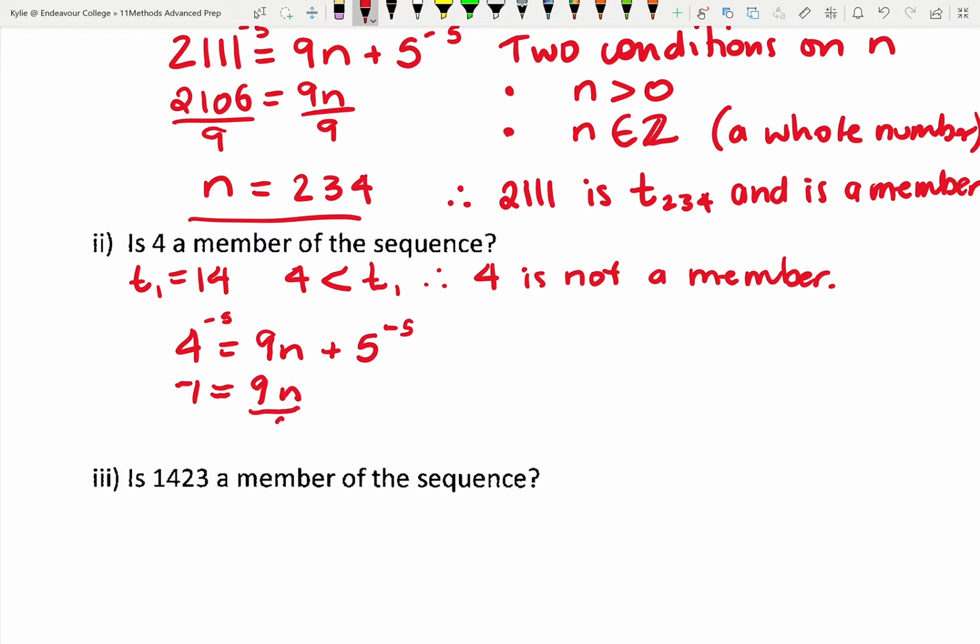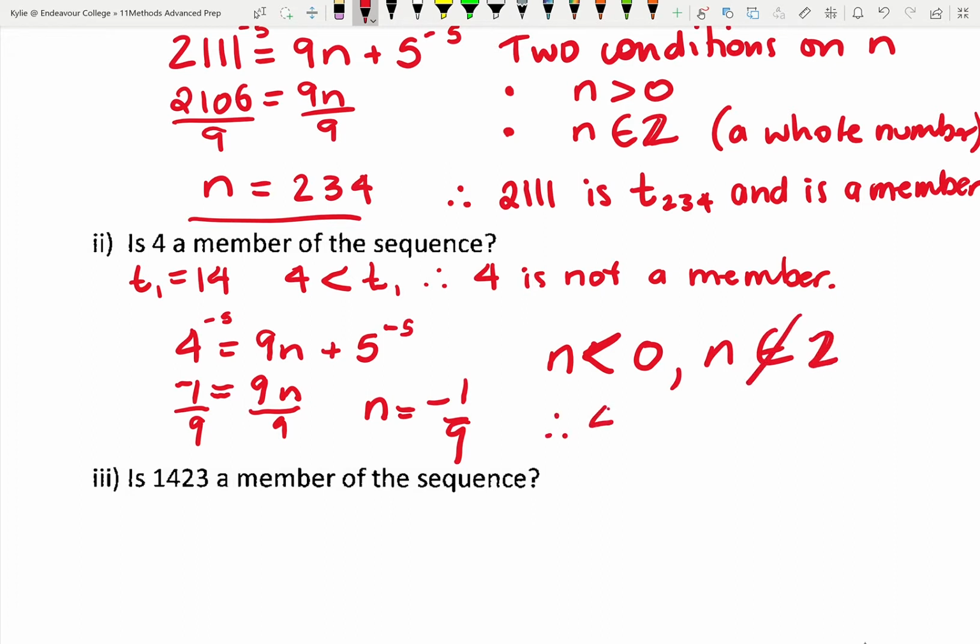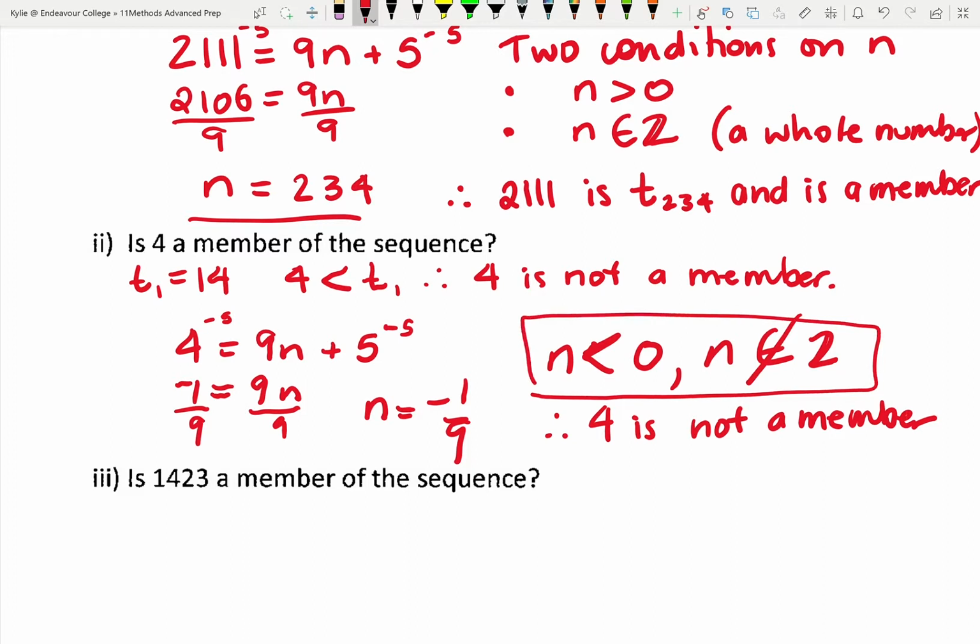We divide by 9, n equals -1/9. n is less than 0, and n is not an element of the integers, therefore 4 is not a member. Okay, and you need to put these condition statements, your justification of why 4 is not a member.